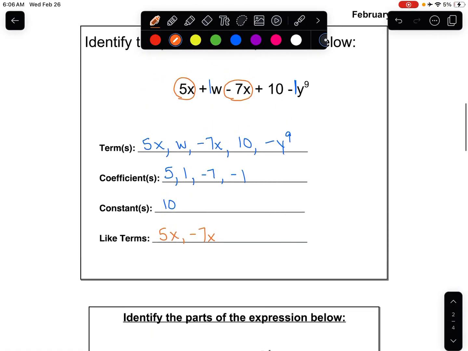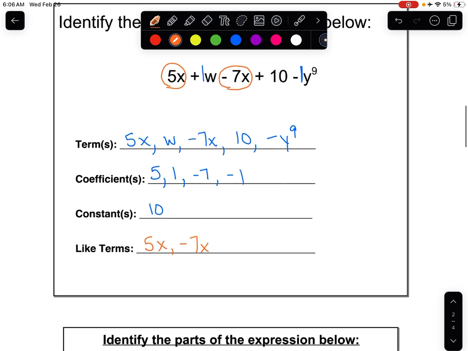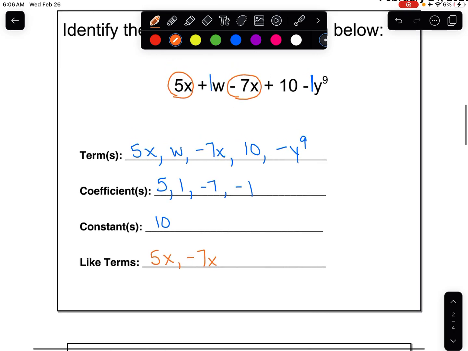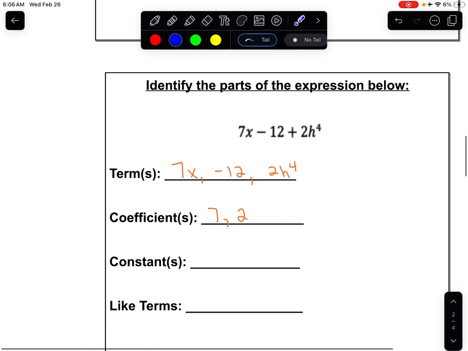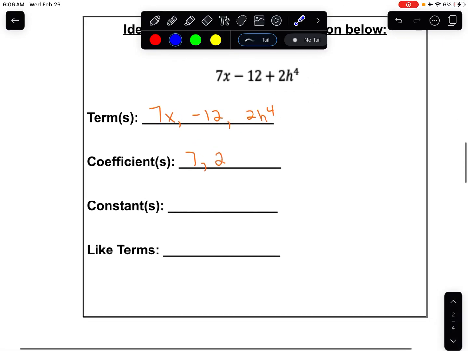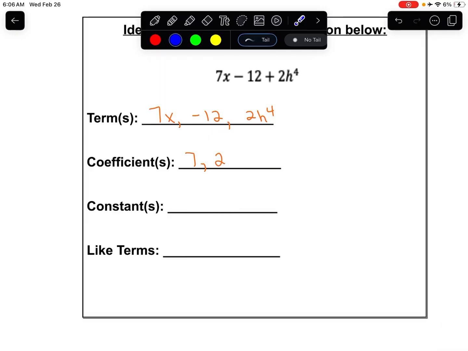Up here, we listed just the numbers in front of the variable also. So we did 5, 1, negative 7, negative 1, right? Okay, our constant: a constant is a number without a variable, a standalone number, and we only have one of those in this expression, and it is negative 12.